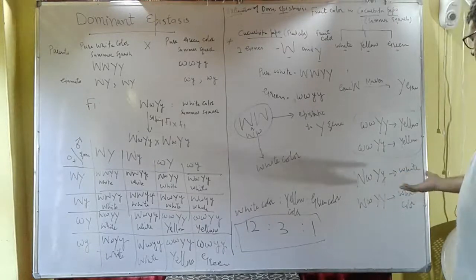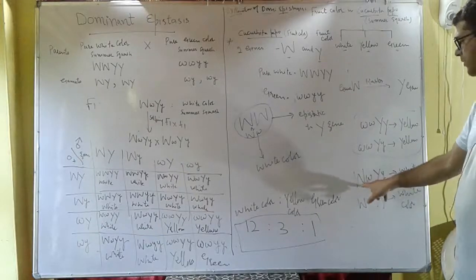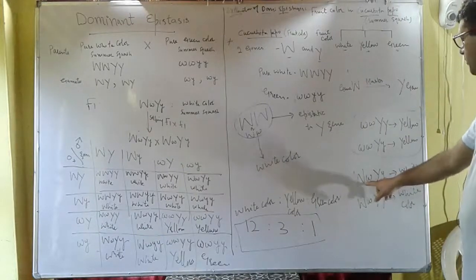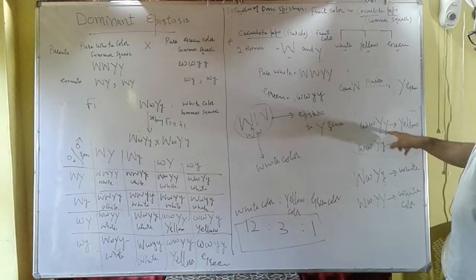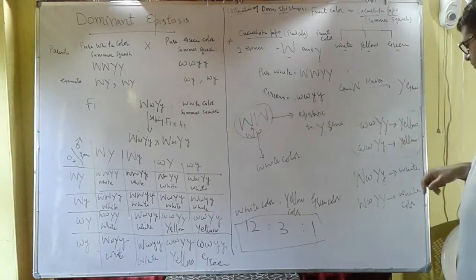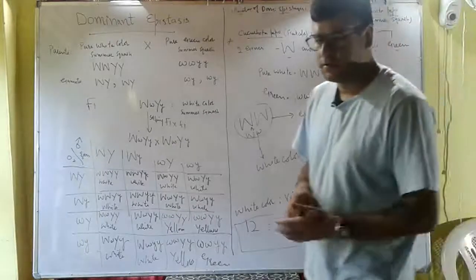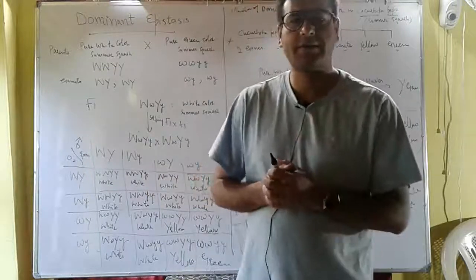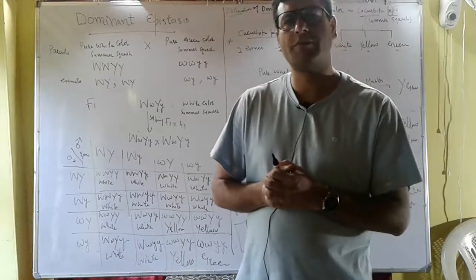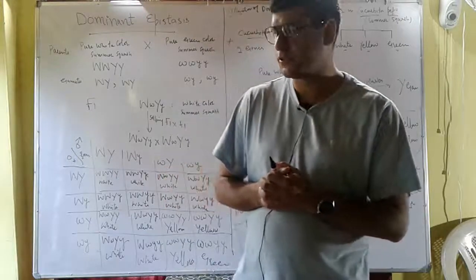That is why the color of the fruit is white. While when this dominant gene capital W is absent, then Y gene expresses itself and the fruit color is yellow. So the dominant gene W masks the expression of the other dominant gene Y. This is the case of dominant epistasis.